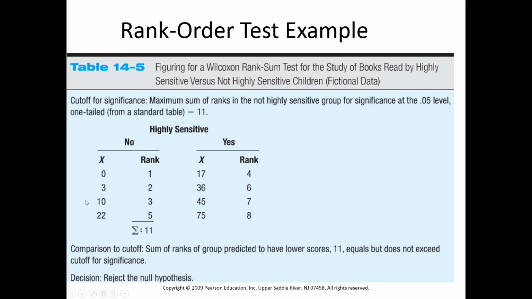For the group of not highly sensitive students, we found that one student read 0 books, one read 3, another 10, and one 22. For sensitive students, we found that one read 70, another 30, another 36, and so on.